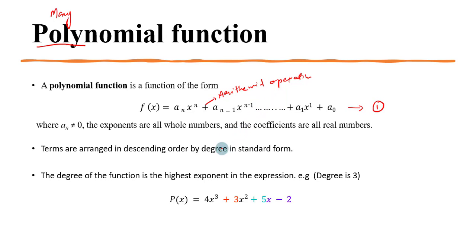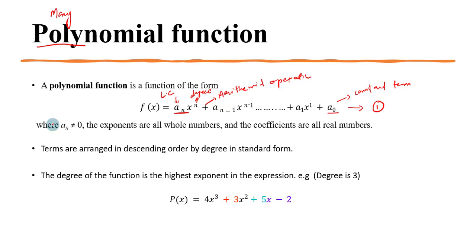Now for this function, this a n is called the leading coefficient. Here n represents the degree, and a naught is your constant.